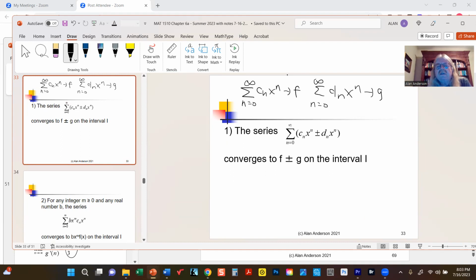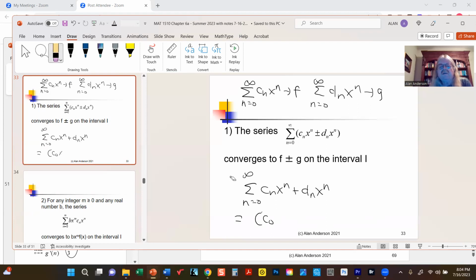So it stands to reason that a series consisting of their sums would have terms like, for example, the first one would be C0 plus D0. Then you'd have C1x plus D1x.